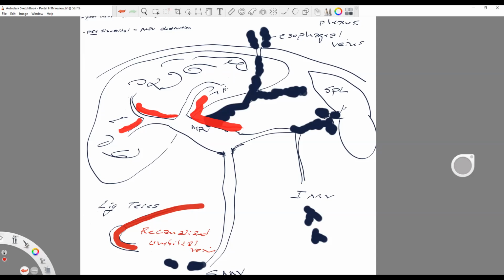So that you would see that here. And you would see it coming out of the liver. That's like I said, I know I'm repeating myself, but I feel like I need to. Decompression of the system. That's your body's way of decompressing the system. The doctor's way of decompressing the system is pretty cool.